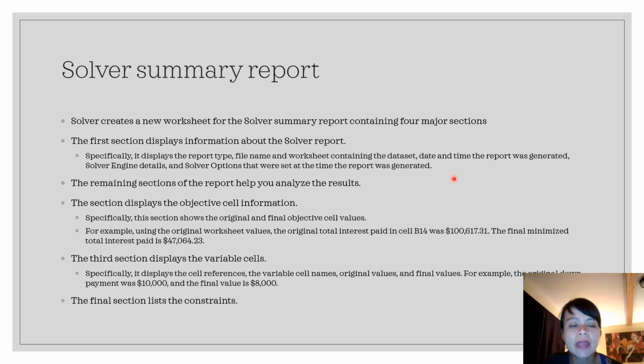Then we have the third section that shows the variable cells. Specifically, it shows the cell references, the variable cell names, original values, and final values. And then the final section shows the constraints. Again, the second section shows the objective, the third section shows the variable, the changing cells, and the final section shows the constraints.